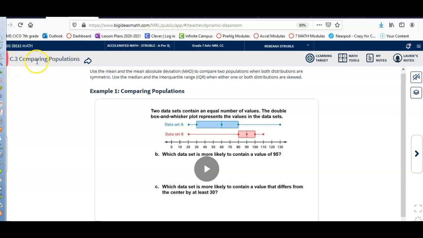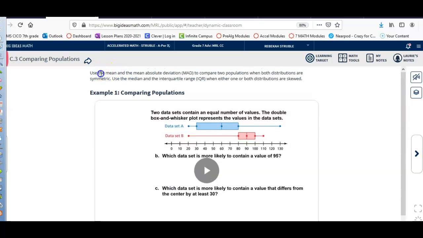So here, our first section, comparing populations. Notice at the top, it gives us some very important information. When we are comparing populations using measures of center and variation, we're going to use the mean or the average and the mean absolute deviation when the two populations we're comparing are symmetric to each other.